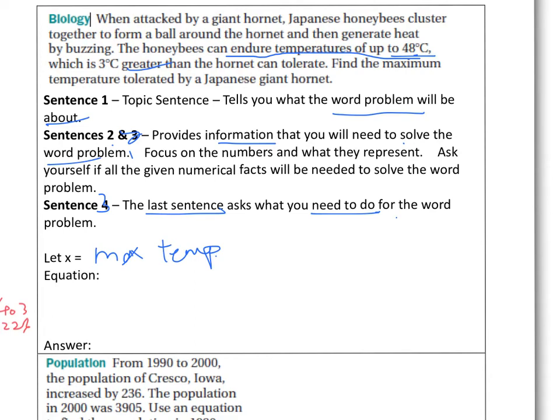And that's 3 degrees greater than what the hornet can tolerate. Therefore, this sentence here actually represents your equation. So x is the max temperature a giant hornet can tolerate.